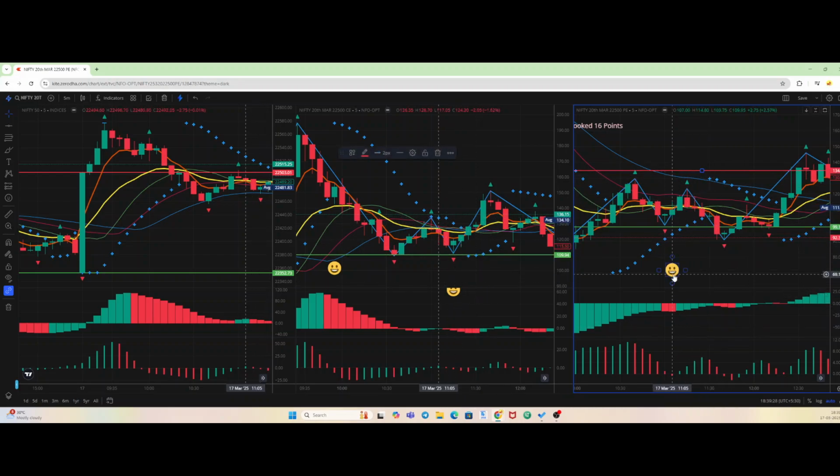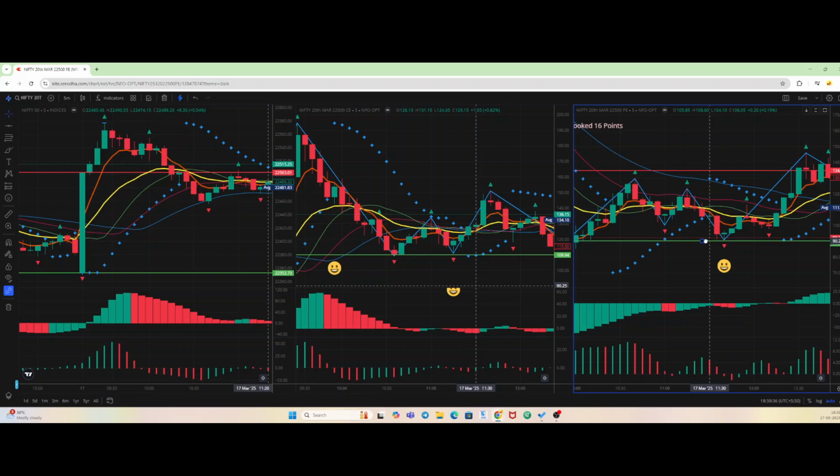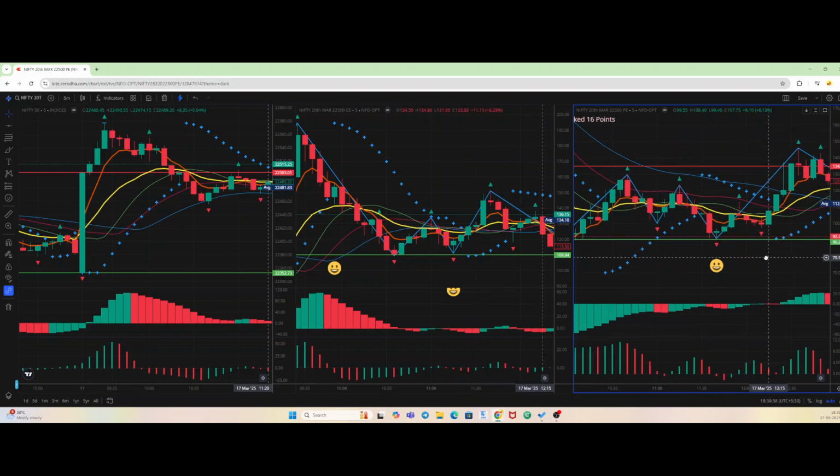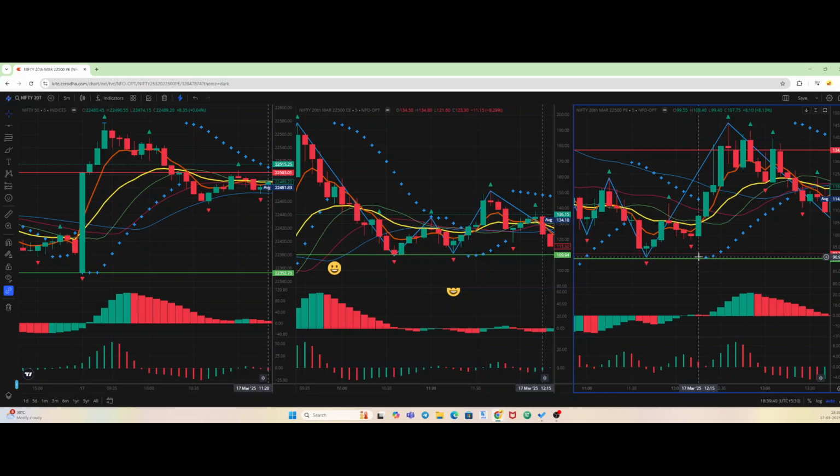Then again there is indicator support at 1140, below this candle, but the breakout did not happen.